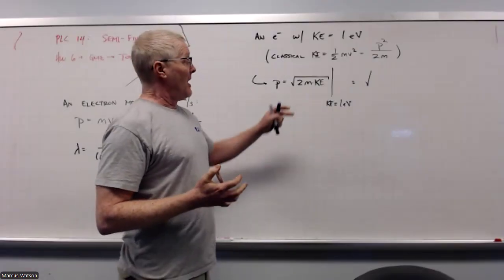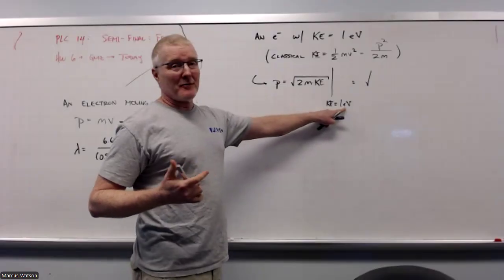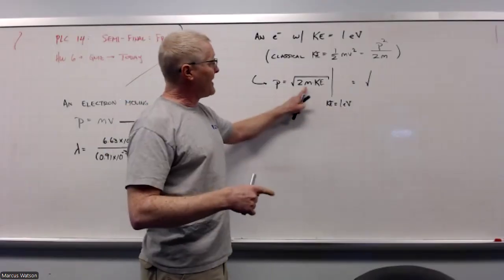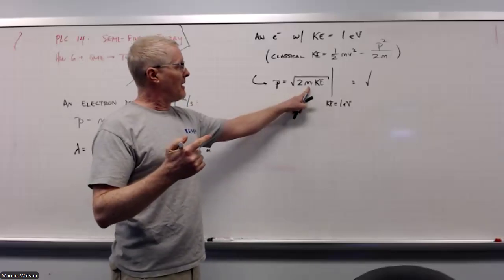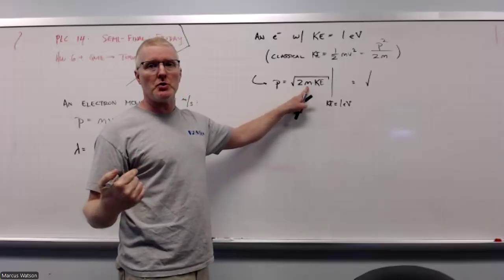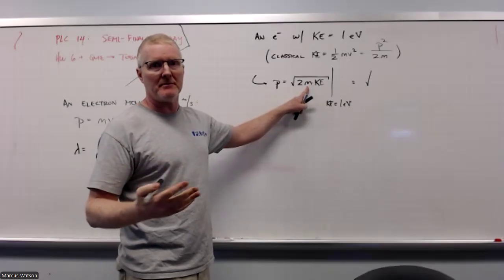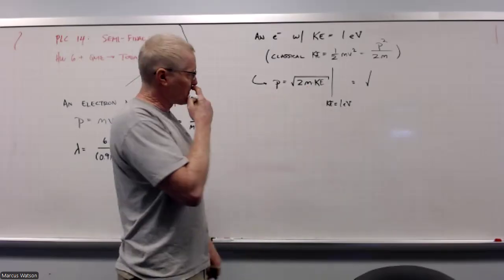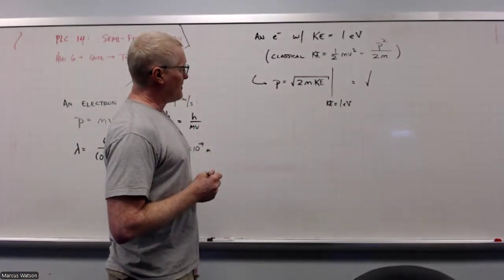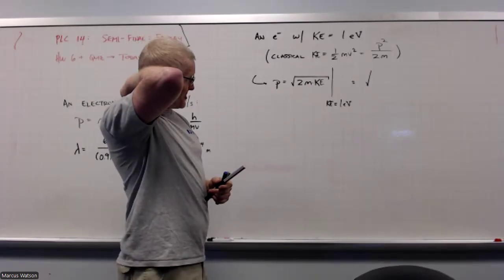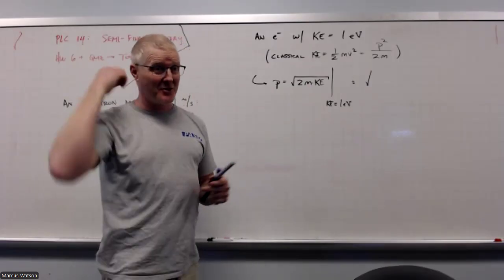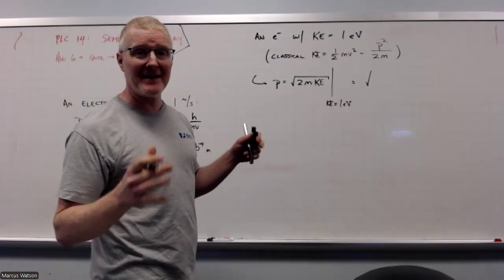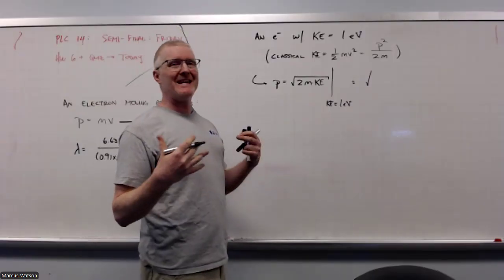I'm going to need a conversion, either from electron volts into joules, or I need to convert the mass into some type of electron volt energy. So let's do the second one. I want to show you how to make these expressions more easily usable.